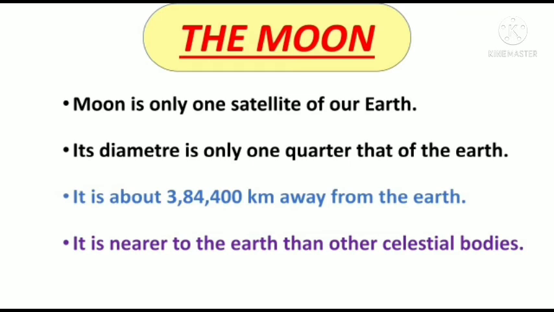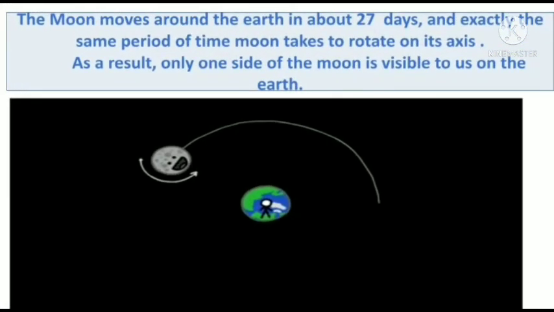So this is all related to the moon, and the moon moves around the earth in 27 days. The same period of time is taken to rotate on its axis. As a result, one particular side of the moon is visible to us on Earth.